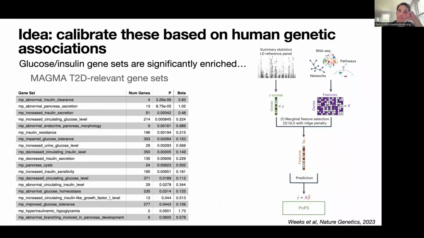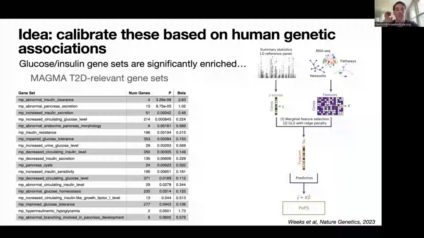And this method called POPs, I think, had the idea that we're going to use here today for doing this. And so basically the idea is that given that you have an annotation or a gene set, you can calculate whether that set is enriched for GWAS signals. Specifically, they use a method called MAGMA that we have on the portal that calculates gene scores from a GWAS, and then it uses that to calculate enrichment.